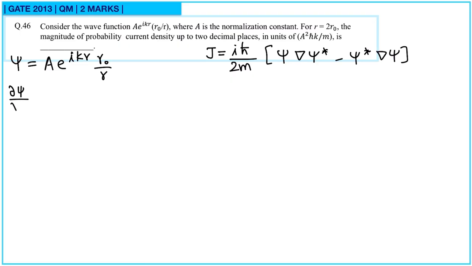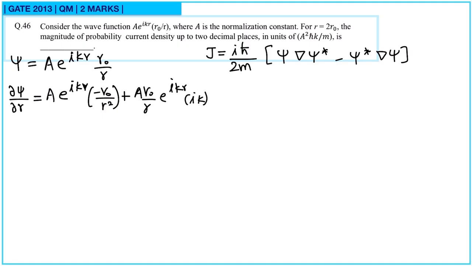Let us first calculate dou psi by dou r. That will be A e raised to i k r into minus of r naught upon r square, plus A into r naught by r e raised to i k r into i k. Now we can take this A e raised to i k r and r naught by r common.